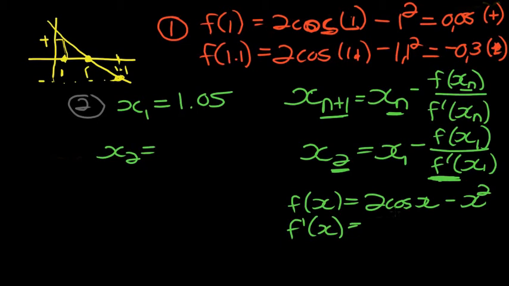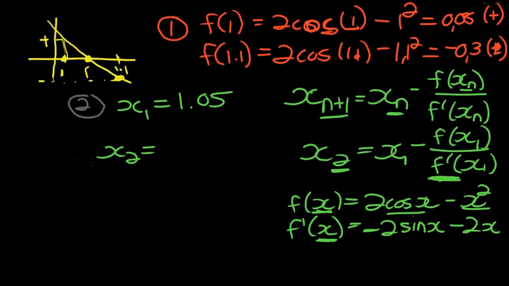Now the derivative of cos x is negative sine x, so you'll say it's negative 2 sine x, and the derivative of x squared is just 2x. And into these x values you'll place all your x values.